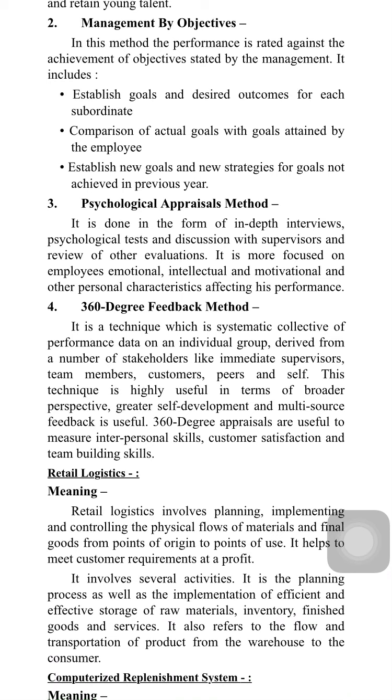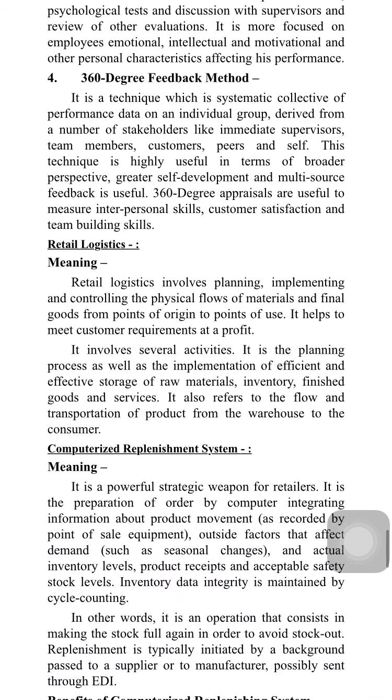Stakeholders means not only the internal part of the organization, even the external part. It might be customers, consumers, wholesalers, retailers, supervisors. All over feedback is collected here to do the performance appraisal. So this is the second main heading, that is future oriented methods.